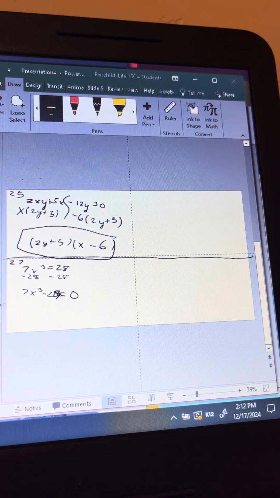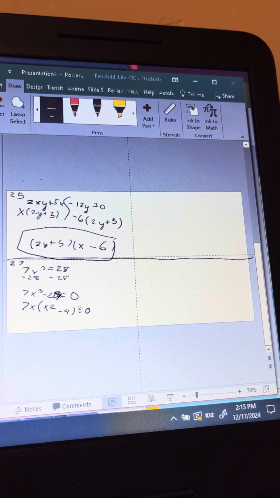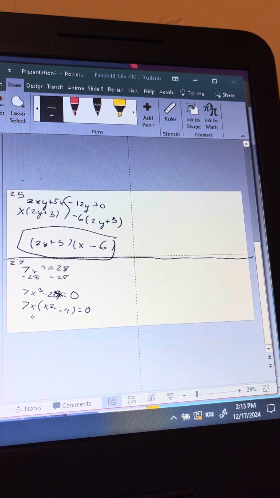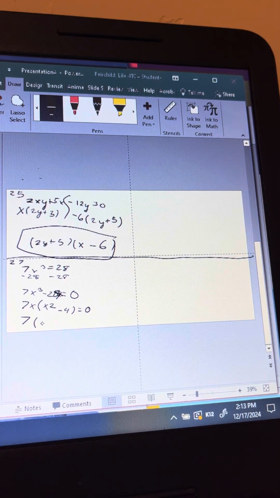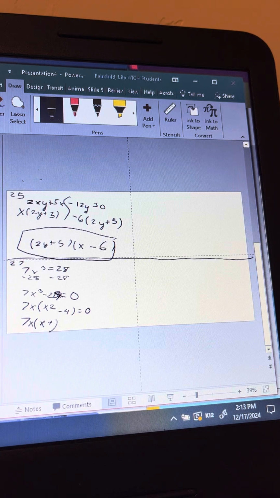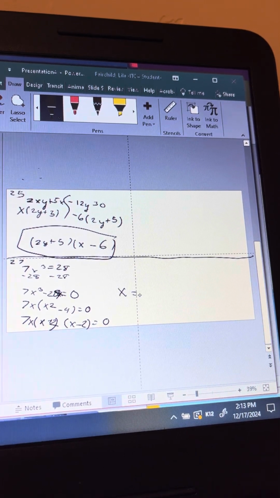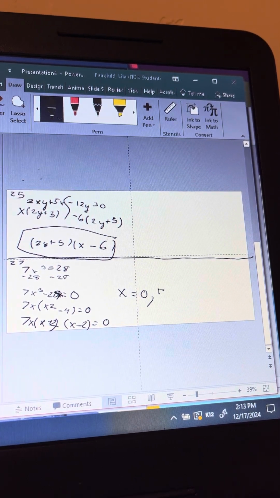And then that can turn into 7x, and in parentheses, x squared minus 4 equals 0. And then for the last one, you can do 7x, x plus 2, and then x minus 2 equals 0. And so the answer is x equals 0 or negative or positive 2.